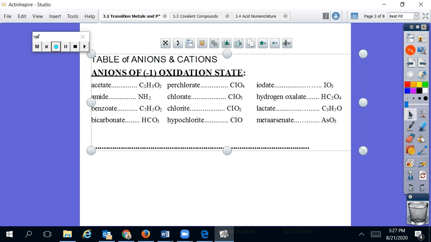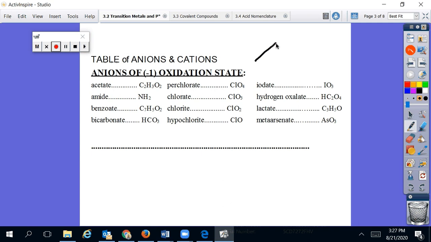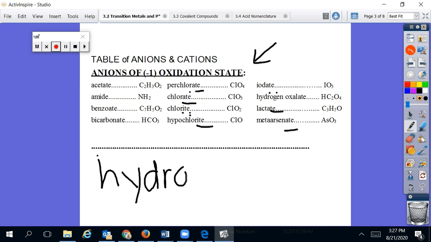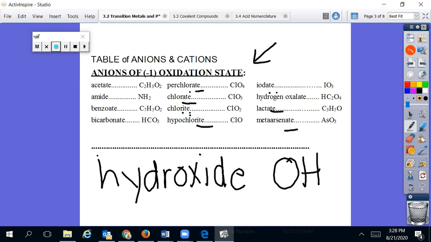The top of your paper will have the -1 polyatomics, and most of them do end in ATE or ITE. There's a couple that you have to recognize that you'll see a lot. One of them I want you to highlight on your sheet is hydroxide. It's a little lower down, but hydroxide is OH with a -1.